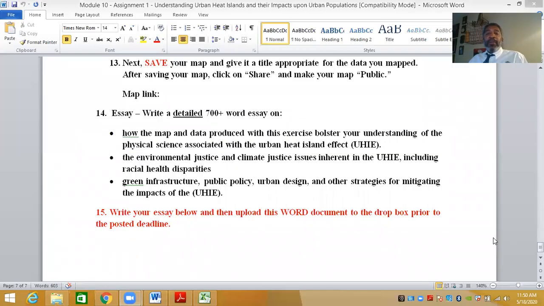The first part of the 700 or more word essay is to describe how the map and the data produced with the exercise bolster your understanding of the physical science associated with the urban heat island effect, i.e. albedo, surface temperature, how various surfaces affect temperature, incoming solar radiation, greenhouse gases. All of those are inherent in this lesson.